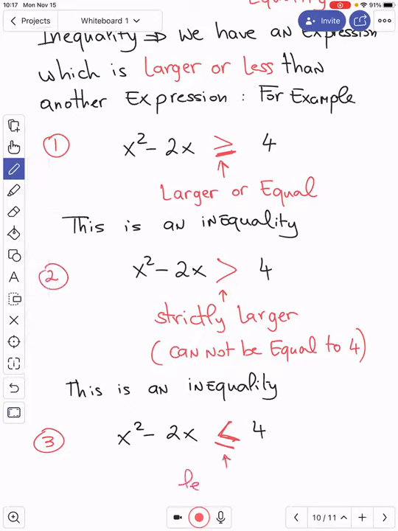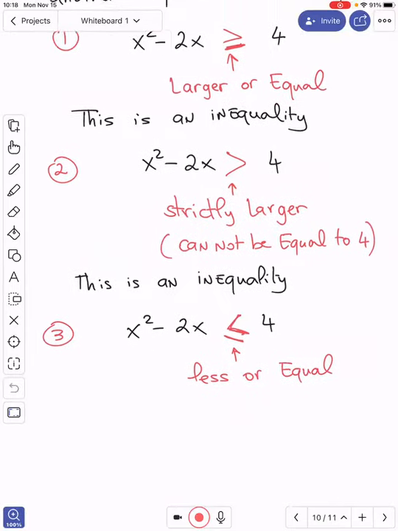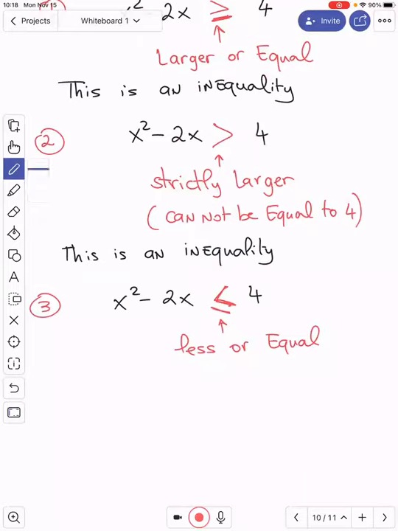So x squared minus 2x is less or equal to 4. So it can be equal to 4. And again, it's not equality, this is inequality, right? It's not equal, it's actually less or equal.